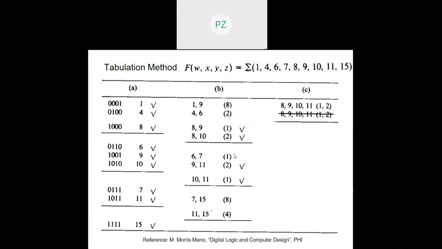So I'm looking for the same bit. There's no 8 here, so I'll leave it, right? Similarly 2 is only this one. The place where it has been eliminated is only this one. So now I'll have to see 4 6 and 9 11. But they are varying in more than one bit, so they won't combine, right?